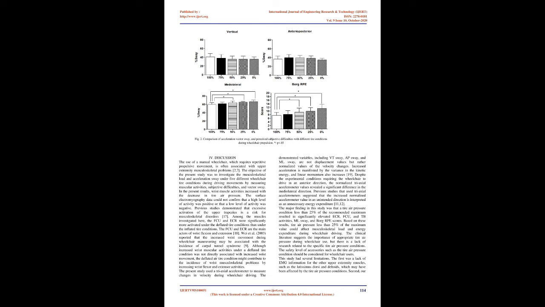No significant differences in the AP or VT vector sway were observed for the different tire conditions, p > 0.05. The 100% and 75% tire air pressure conditions resulted in a significantly lower Borg RPE score compared with the 25% and 0% deflated tire conditions, p < 0.05, Fig 2.